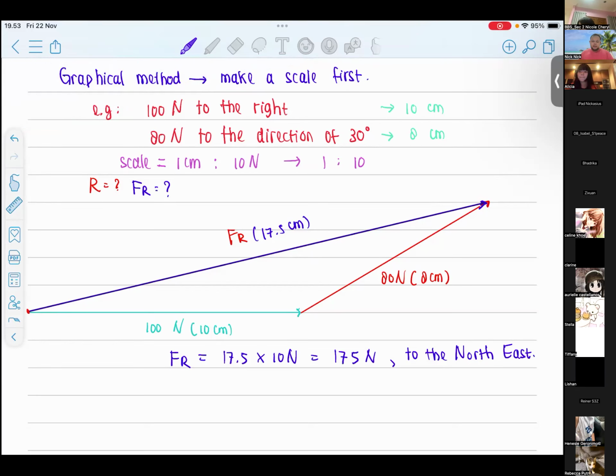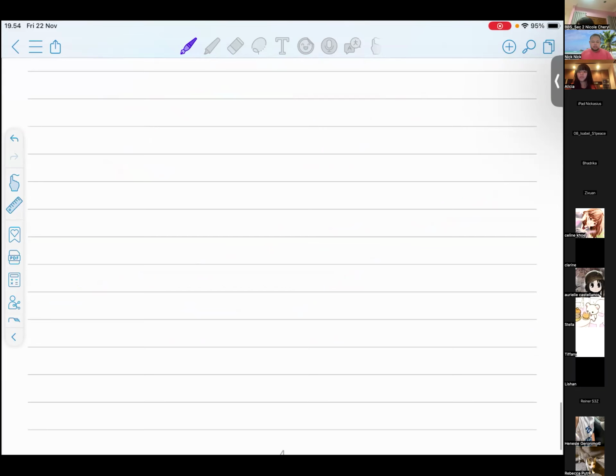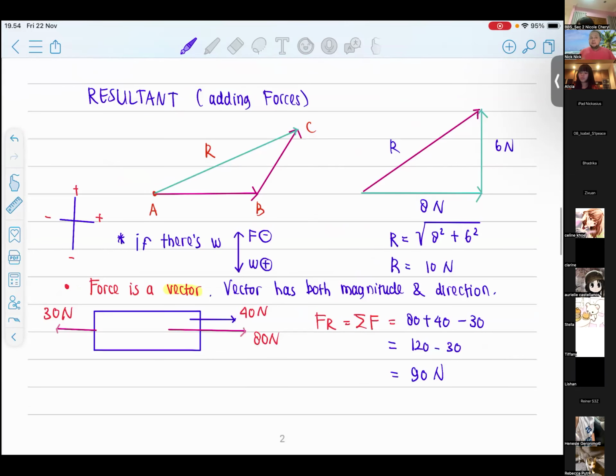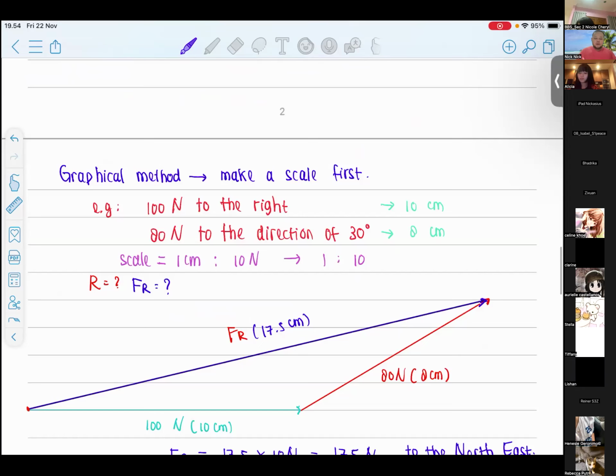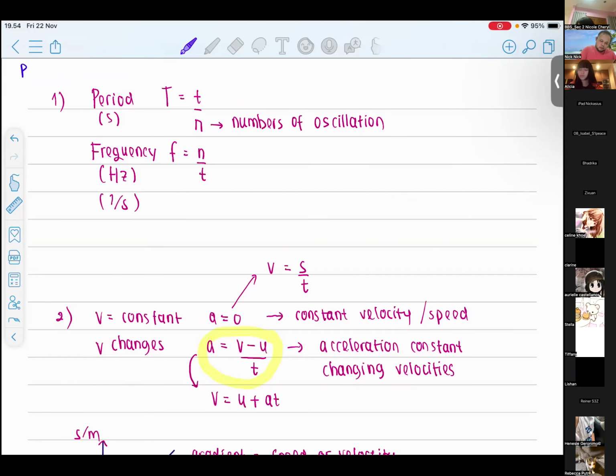Maybe we skip another type of questions first. Let me complete this later. I will make the notes and share everything to you. This is from the pointers of MYE.